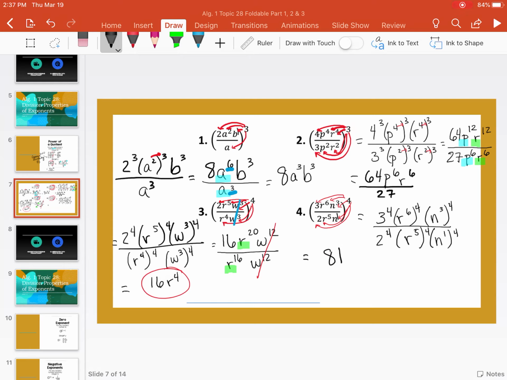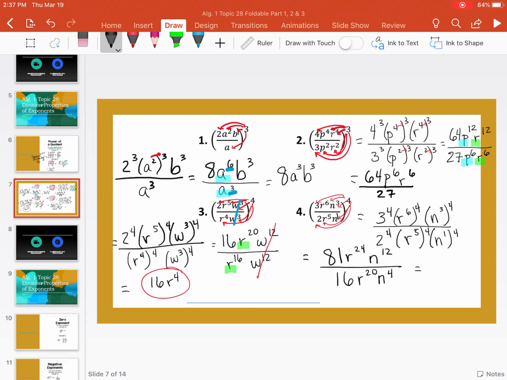So we get 81, r to the 6th to the 4th, same bases, power raised to a power, so 6 times 4, r to the 24th, n to the 3rd to the 4th, 3 times 4, n to the 12th. 2 to the 4th is 2 times 2, which is 4, times 2, which is 8, times 2, which is 16. R to the 5th to the 4th, so we have r to the 20th, and n to the 1st to the 4th, so n to the 4th.